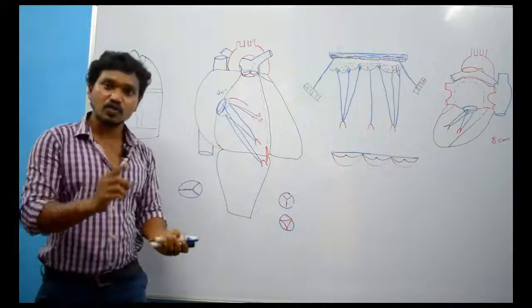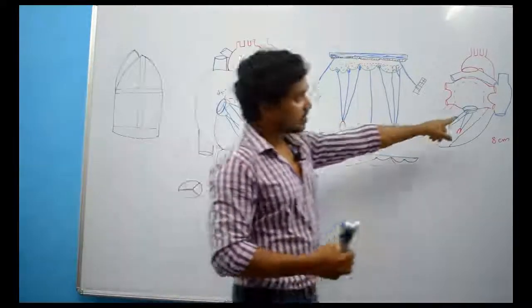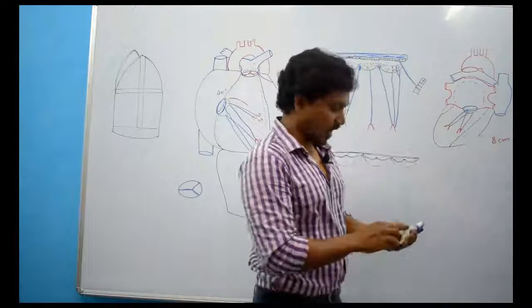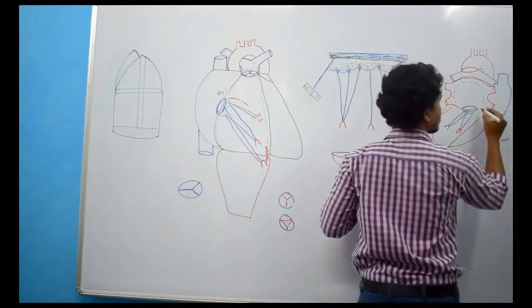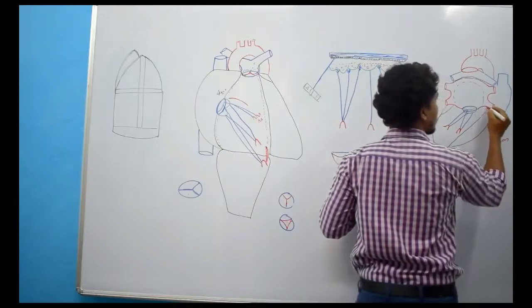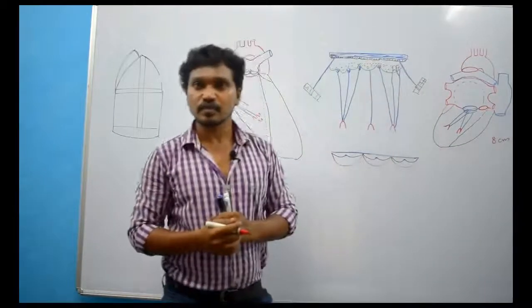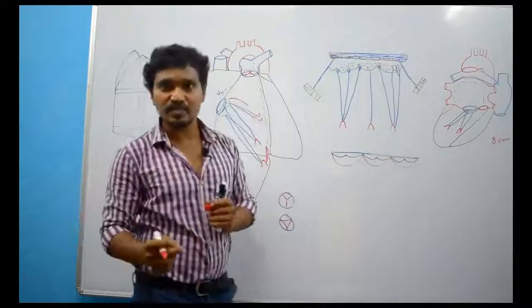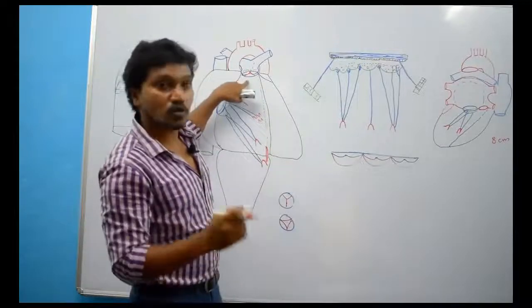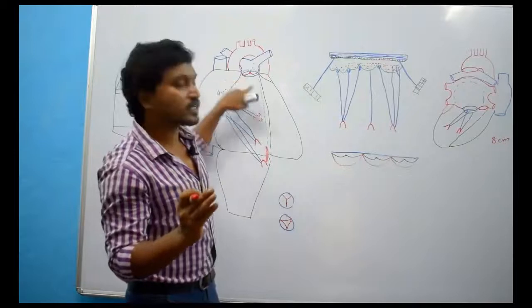Clear? So here there will be the origin of the aortic orifice. Here, aortic orifice. This aortic orifice also has semilunar valves, but the difference is, in the pulmonary trunk, anteriorly 2 leaflets, posteriorly 1 leaflet.